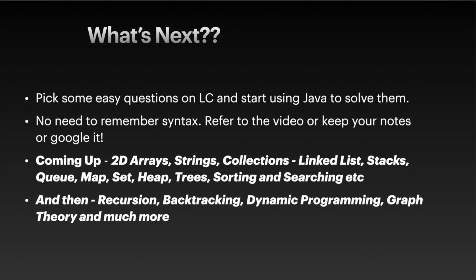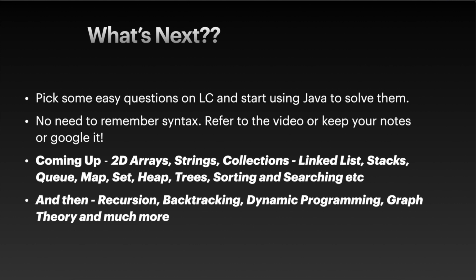Next, we are going to continue on this. We are going to see how to create 2D arrays and how to use the collections framework. The collections framework is a Java library similar to STL, which contains data structures like linked lists, stacks, queues, maps, sets, and we'll see how we can use them.